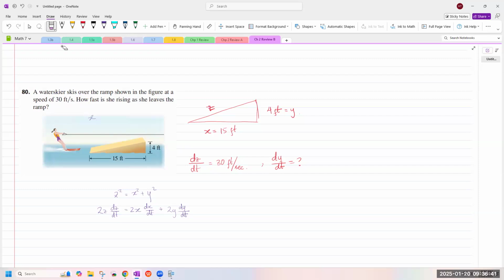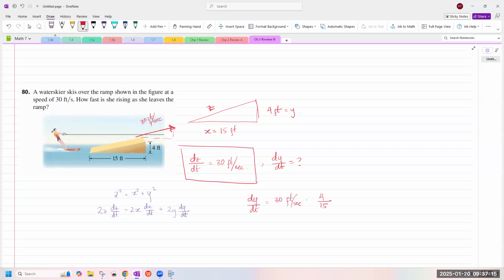Because here's the thing. If I use this assumption that this is the slanted speed, the 30 feet per second, then how fast it is increasing, dy/dt, will be 30 feet per second times 4 over 15.